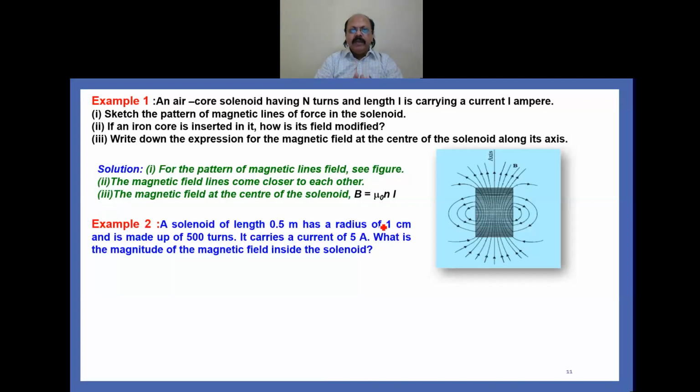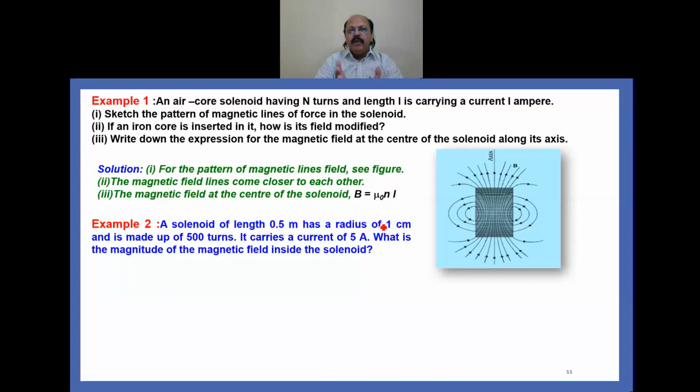For solving numerical and concept based problems, first you understand the meaning of the language of the question. Here the length of the solenoid is given 0.5 meter and radius is given 1 centimeter. This indicates that the length of the solenoid is very large in comparison to the radius, that is 0.01 meter.